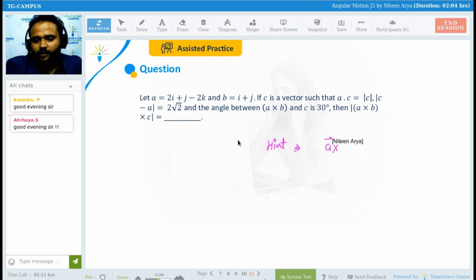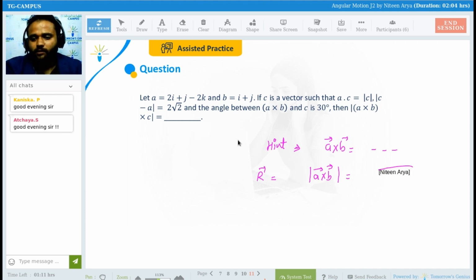So find A cross B, and then the magnitude of A cross B. Suppose it is R, with components along i, j and k. So the magnitude is going to be the square root of Rx squared plus Ry squared plus Rz squared. So you need to find this first.